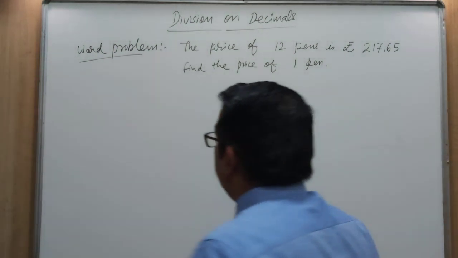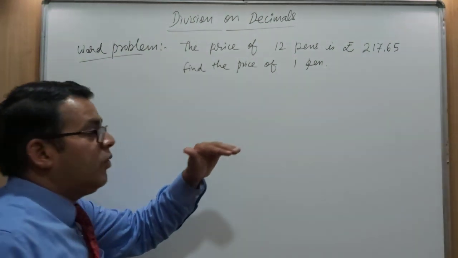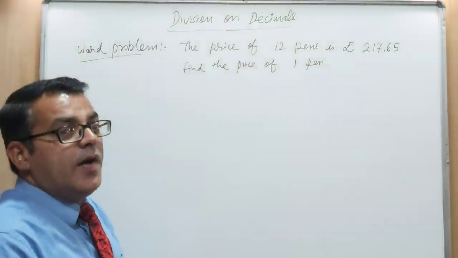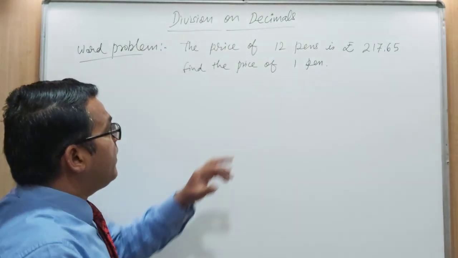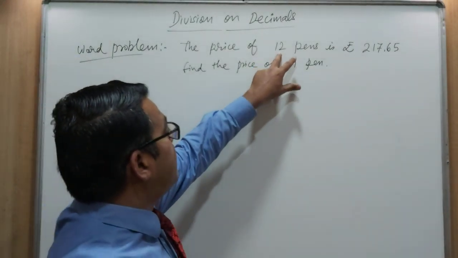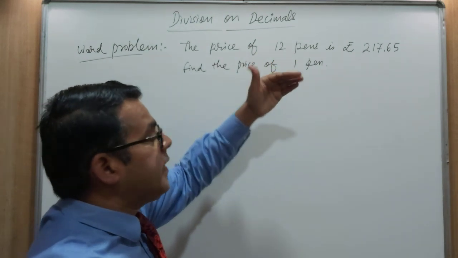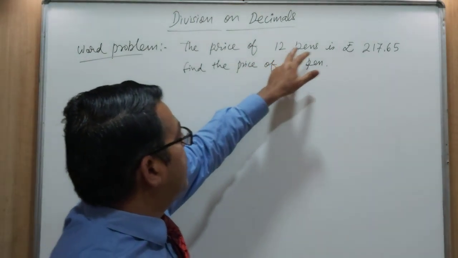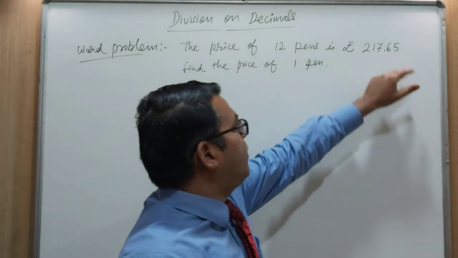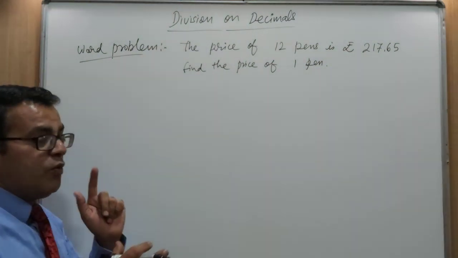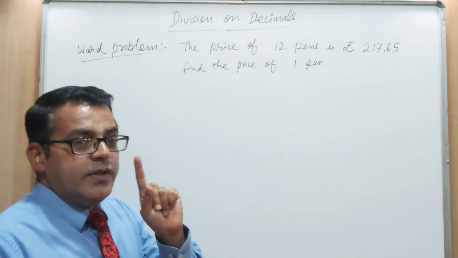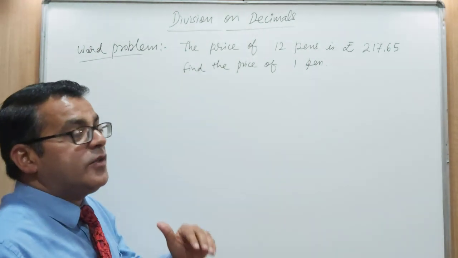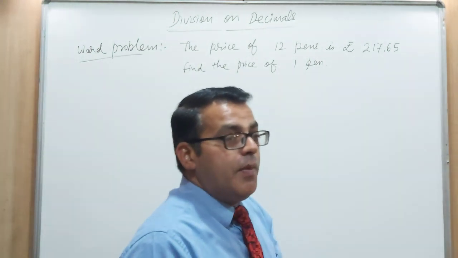It means we need to divide. If the price is given for a group or a bunch of 12 things, and you need to find the price of one single pen only, in this case you need to divide.